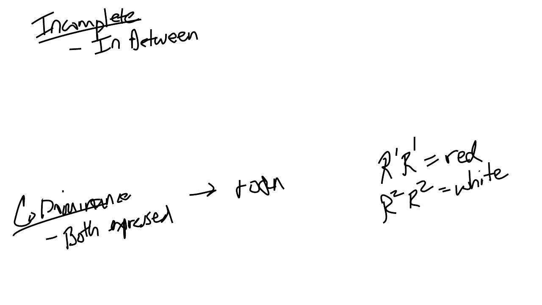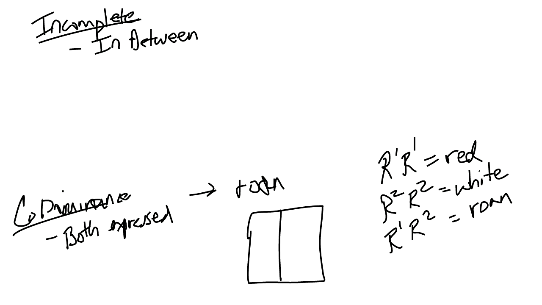Well, if we have R1 R2, in other words, it's the heterozygote form, right? One of each. It's not red or white, it's something called roan because it expresses both red and white hairs, and it gives it this particular color. Okay? So in an example like this, if we cross two roan, like a roan cow and a roan bull, still it's just one trait, right?